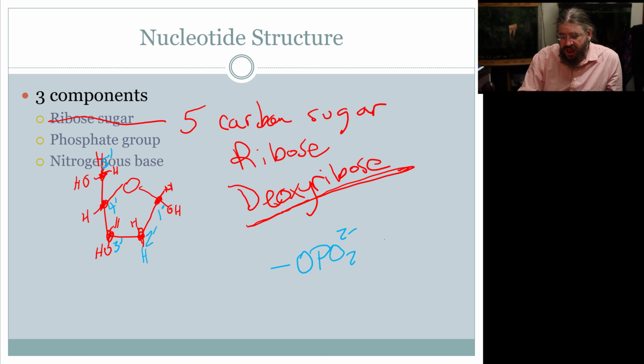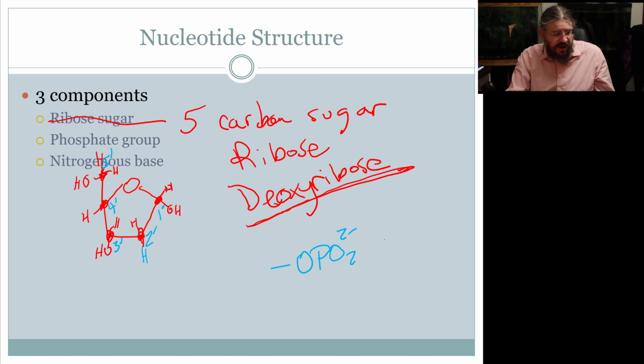Lastly, we have nitrogenous bases, and there are 4 flavors of nitrogenous base in DNA, 4 flavors of nitrogenous base in RNA, but conveniently enough, DNA and RNA share 3 identical nitrogenous bases. So you're not memorizing 8 nitrogenous bases, you're memorizing 4, and then the unique one in RNA.